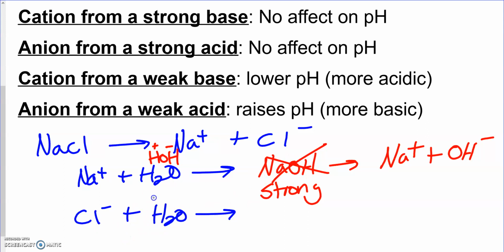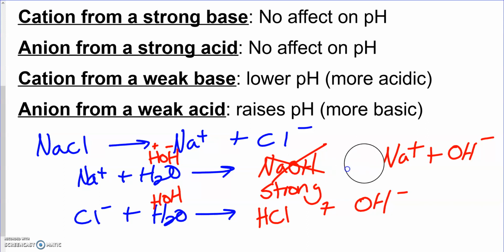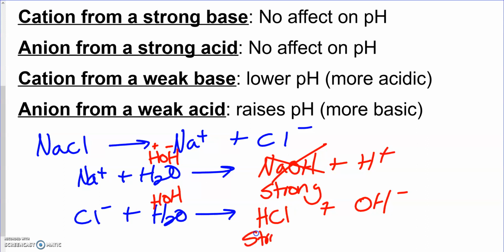If we look at it, again, HOH, chlorine steals the hydrogen, forming HCl, and technically hydroxide, because that's the leftover up here. We would have sodium hydroxide plus hydrogen ions if this reaction occurred, and again, it doesn't. HCl is also a strong acid, so it's not going to form either.